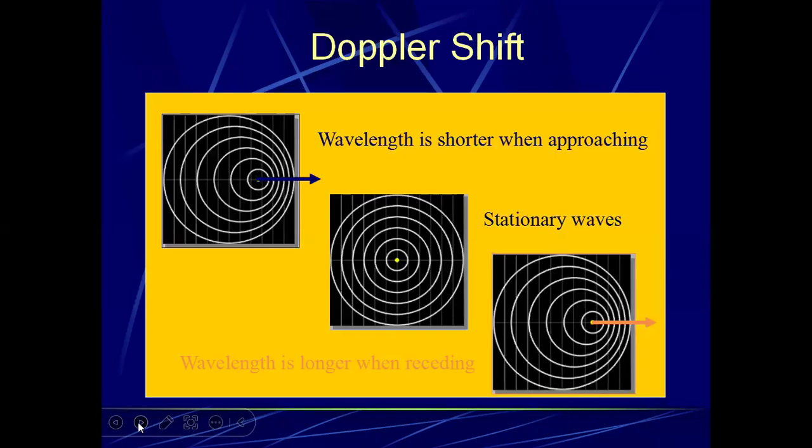So what is the Doppler shift? Wavelength is shorter when approaching, and a stationary wave is there in the middle. Wavelength is longer when receding, okay?